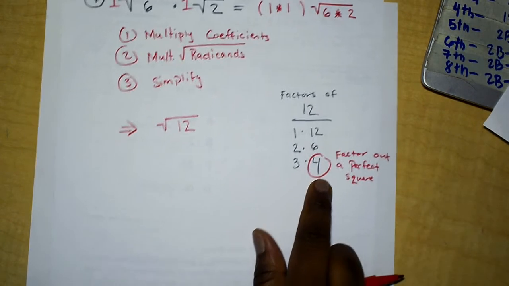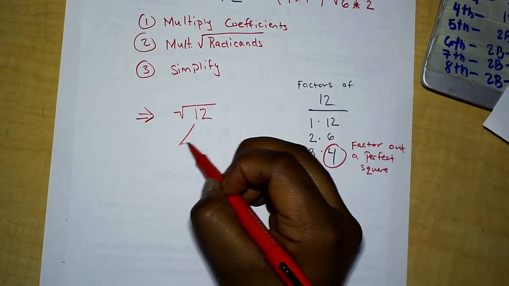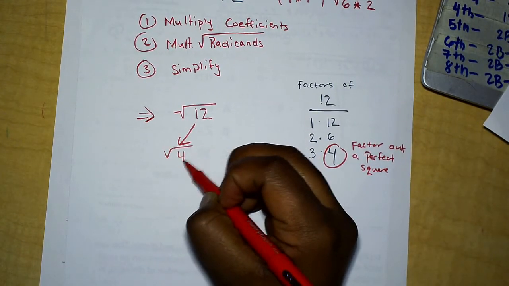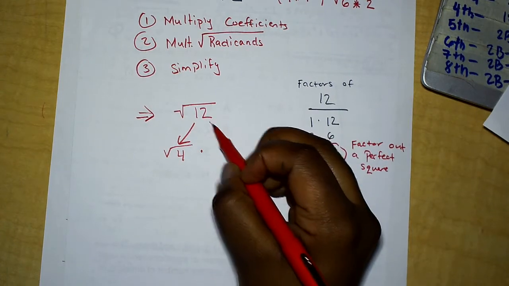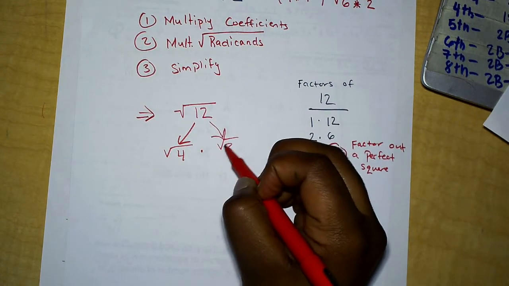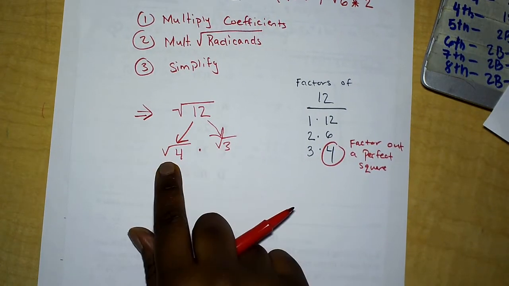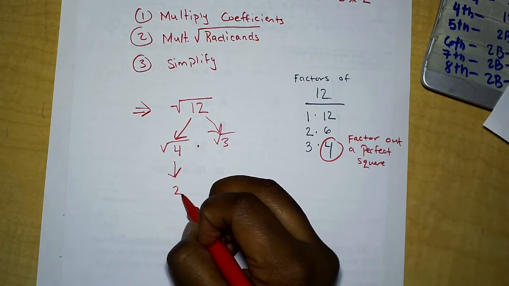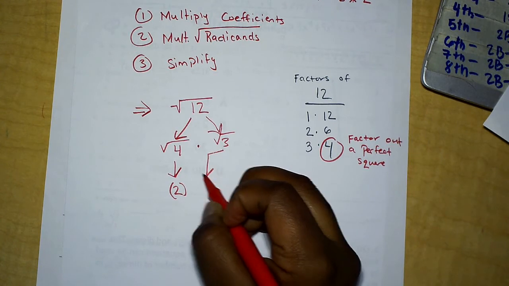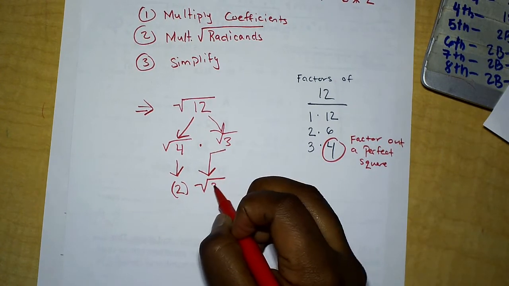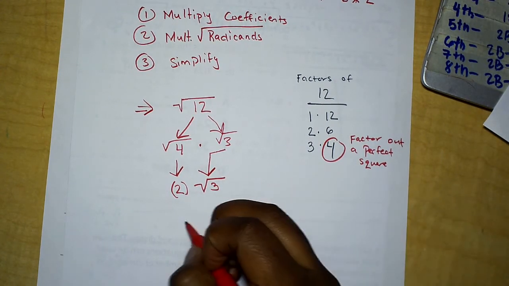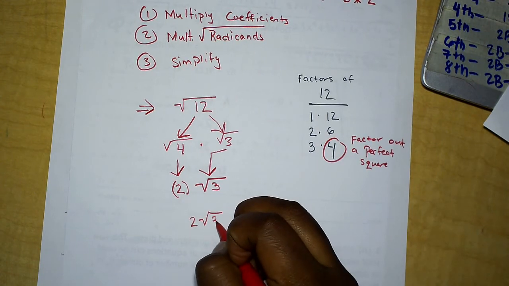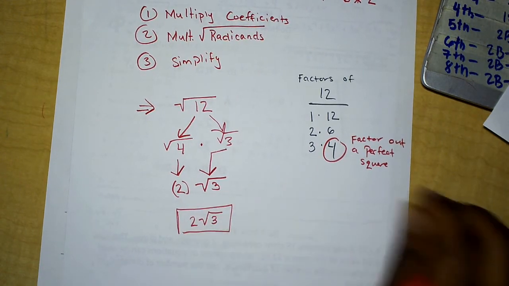And if you remember from your list, 4 is a perfect square. So I'm going to factor out the square root of 4 times the square root of 3. Notice how I kept it in the square roots. The 4 is simplified to 2. And the 3 doesn't simplify, so I'll just leave it in the back. So my answer is 2 and the square root of 3.